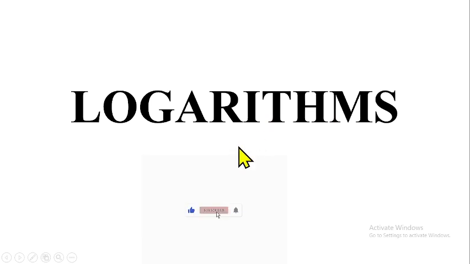Just like in the previous video, we discussed extensively on indices. And I promise in that video that we are going to discuss logarithm in the next video. And we know that indices and logarithm are interrelated. So that is why I deem it fit to make a video on logarithm in order to complement indices.